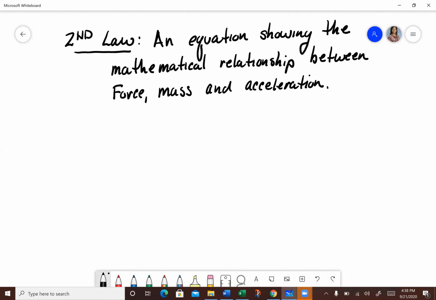So using the symbols that we just went over, Newton's second law is written as force equals mass times acceleration. We have to add some things to that. Force is a vector quantity. Acceleration is a vector quantity.